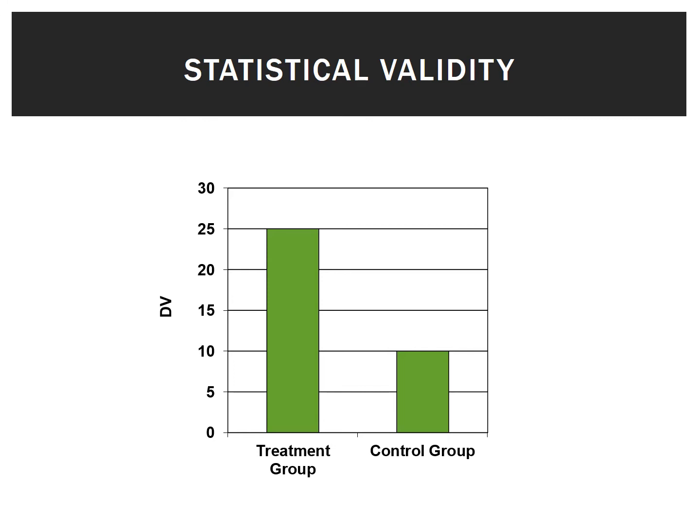But in another example, we have the treatment group still at 25, but in this case the control group now is at 21. So now we have a much smaller difference between these two groups. Now it's only a 4-point difference, 21 to 25. So now it gets a little trickier.